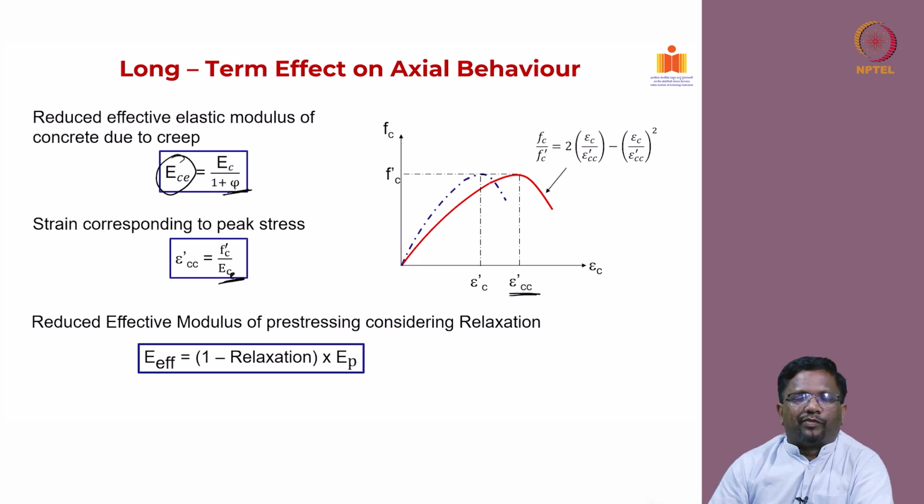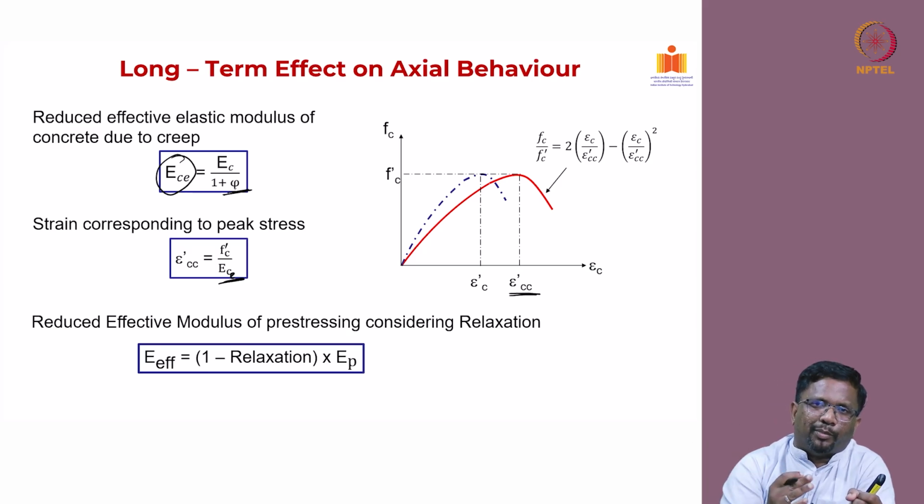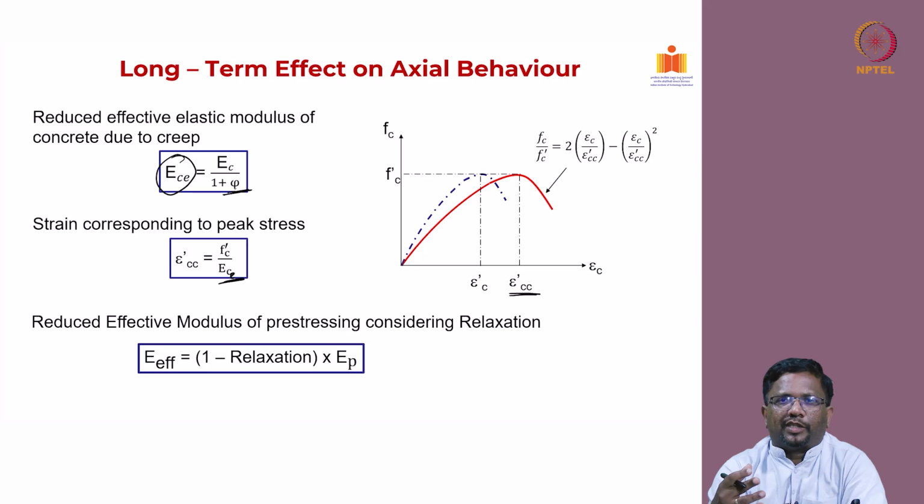Similarly, the same effect applies to pre-stressing steel. What is relaxation? At constant strain, to keep the pre-stressing steel at a constant strain, I do not need to apply the same level of stress. The stress required to keep it at constant strain keeps coming down. In effect it is softening the steel, or the elastic modulus of steel is getting reduced.